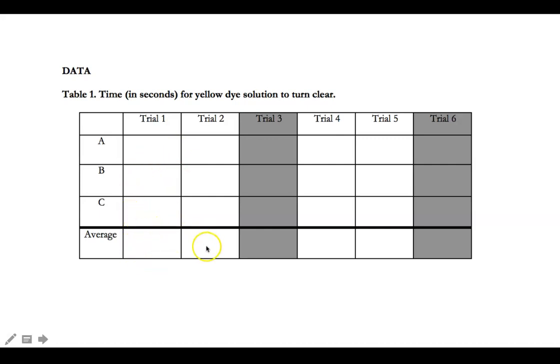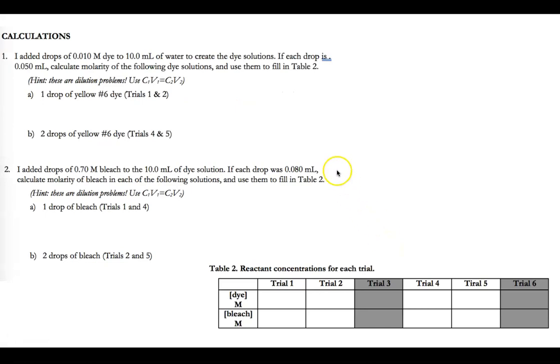So we're going to average each of the trial data, and we're going to use the averages for our calculations. So one of the calculations you're going to do is you're going to actually calculate the concentration of the dye. Now this is also a little bit falsified. So remember, each of those drops of dye and each of the drops of bleach are not exactly the same size.